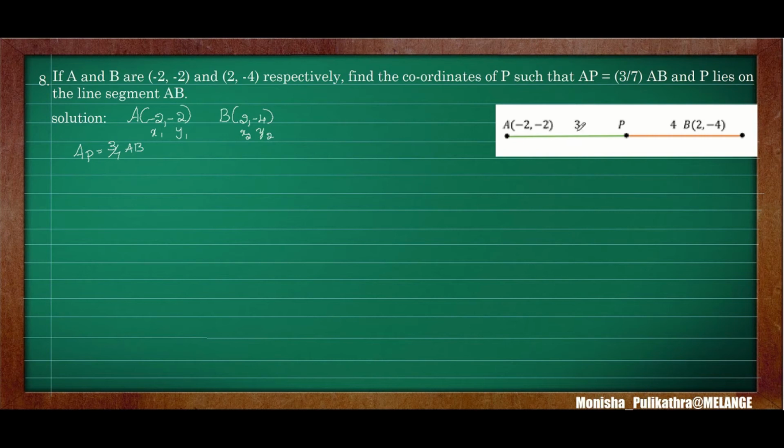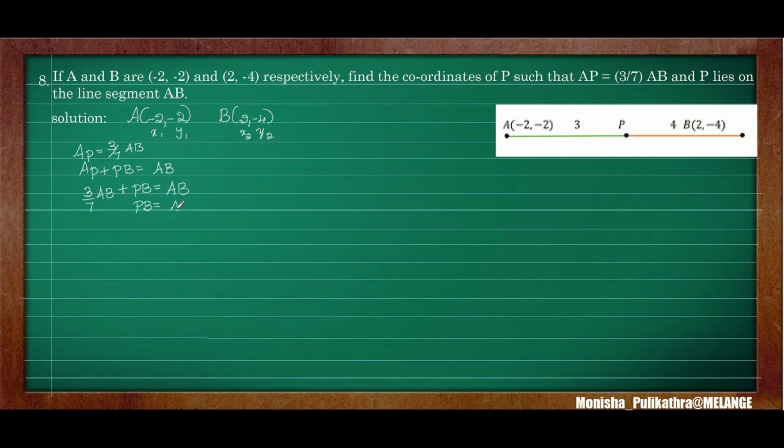Here AB is equal to AP plus PB, whereas this AP is equal to 3/7th part of AB. So AP + PB is equal to AB. AP is given here. AP is 3/7 AB plus PB, as it is, which we have to find out here, is equal to AB.